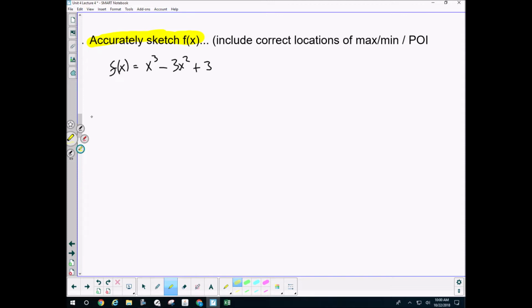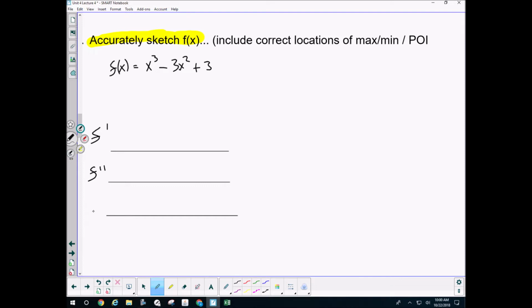Because you can do an analysis of f prime, you can do an analysis of f double prime, you can understand the shape of f, and we can do what probably we would have done before calculus. We can understand some interesting points on the graph of f.